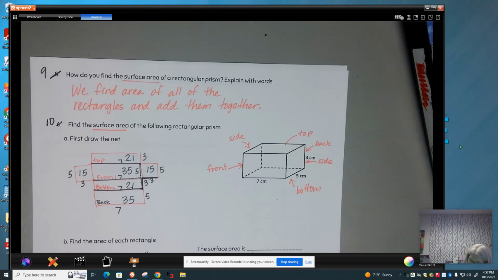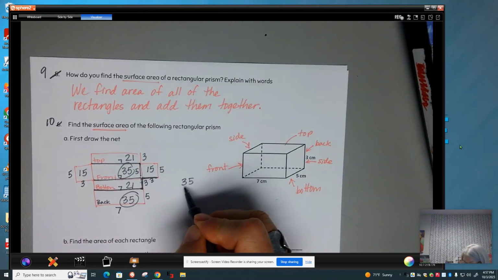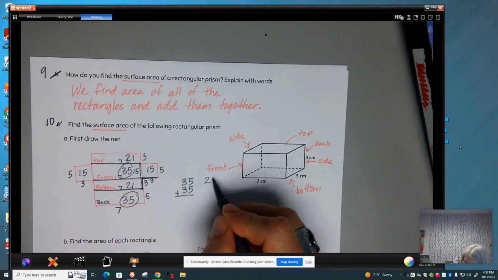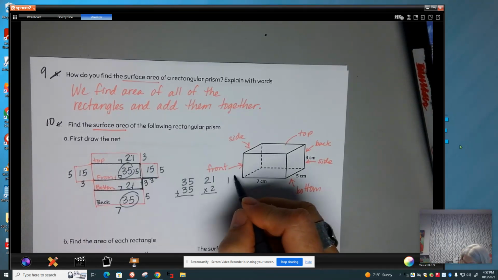You need to add those all together. 35 plus 35. I can do 21. Oh, I know I have two 21s. I could simplify that and say 21 times 2. And I have two 15s.